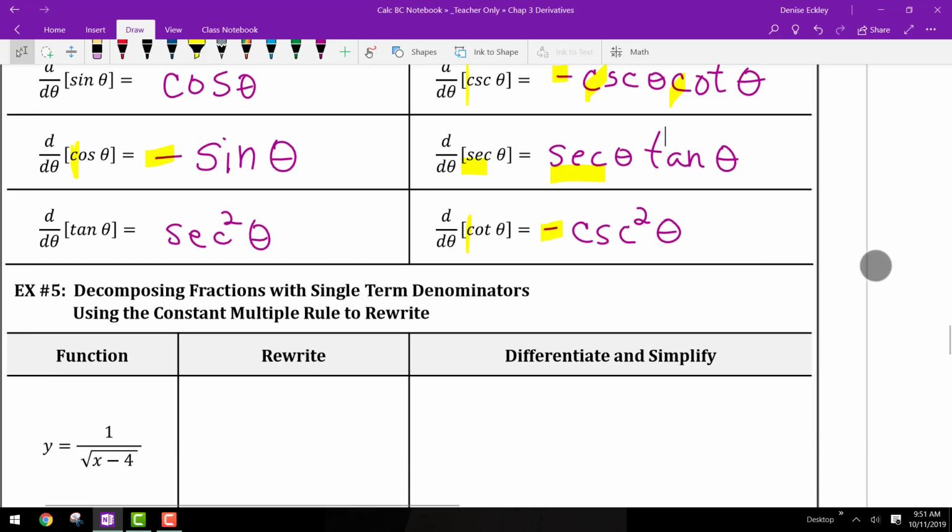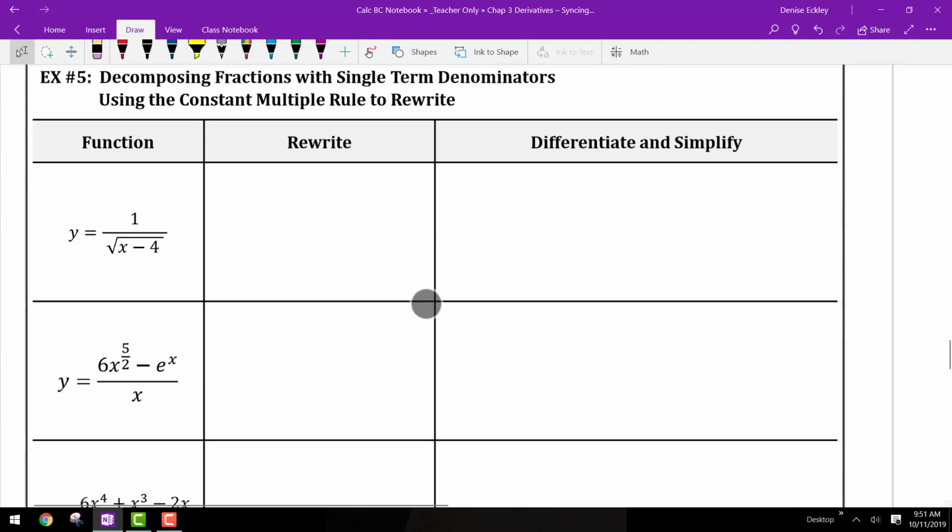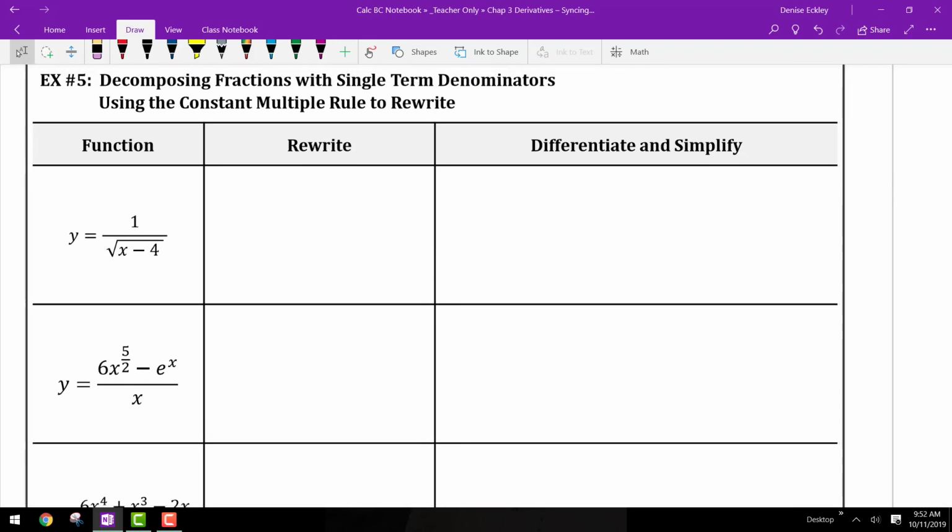Okay, so next, before we get more derivative techniques, sometimes it's easy to decompose the function before you use your constant multiple rule to rewrite it, and then you can take the derivative.